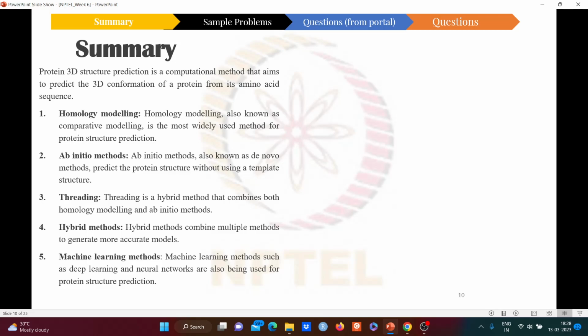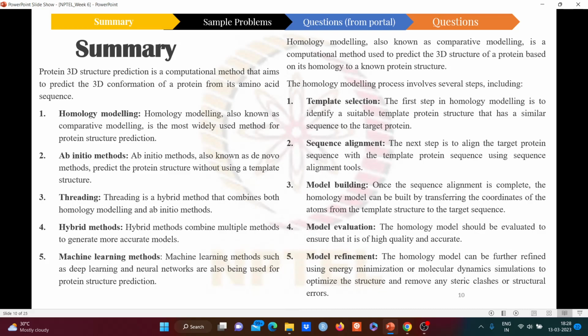Each of these methods has its own advantages and limitations and is best suited for different types of protein and structural feature analysis. Finally, the choice of the method depends on the specific structure requirements and constraints of the analysis. Here I'll be further discussing homology modeling.